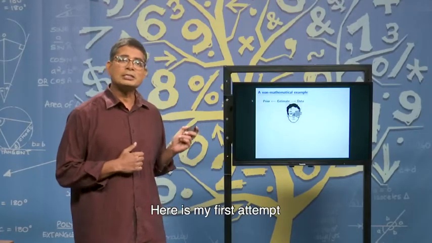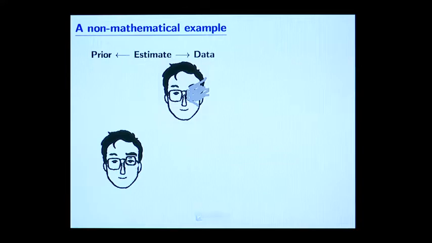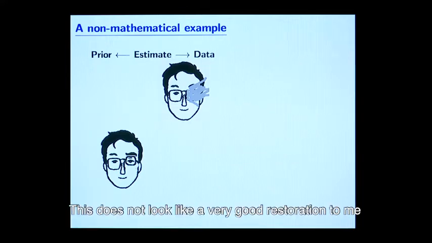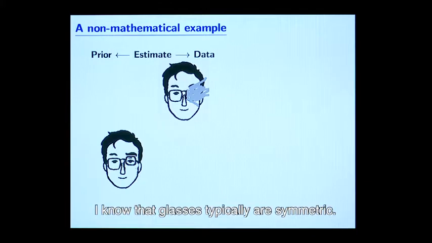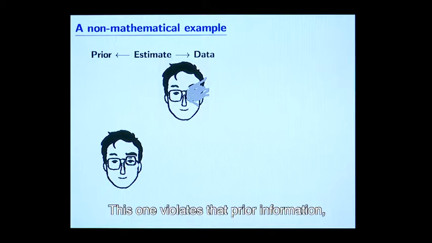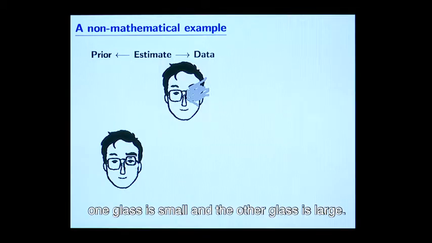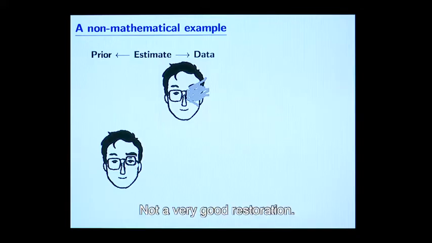Here is my first attempt towards the restoration. This does not look like a very good restoration to me, because I know that glasses typically are symmetric. This one violates that prior information. One glass is small and the other glass is large, not a very good restoration.